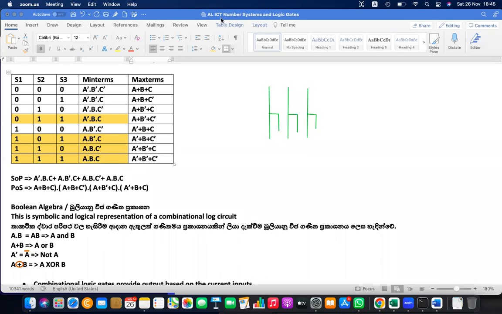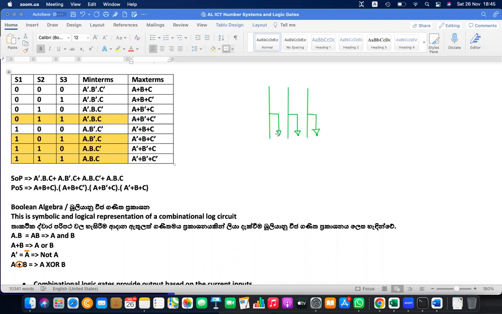Right, then let's draw this NOT circuit also. Just draw this NOT symbol, and after that extend this line.